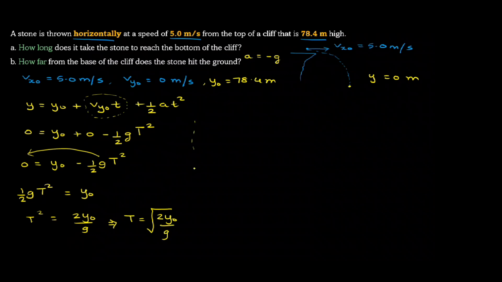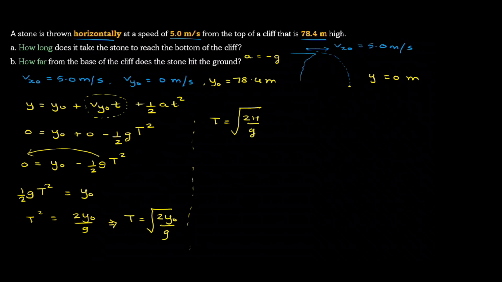This is the expression to calculate the time of flight or the time it takes for the object to fall when it is launched horizontally. Y0 is the initial y position, which is nothing but the maximum height from which the projectile has been released. So I can write this as t equals square root 2h over g.